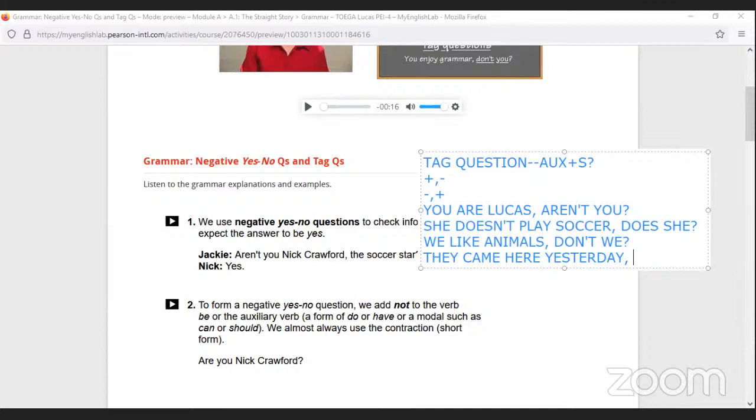No, no. What tense are we using here? They came here yesterday. Ellos vinieron acá ayer, ¿verdad?